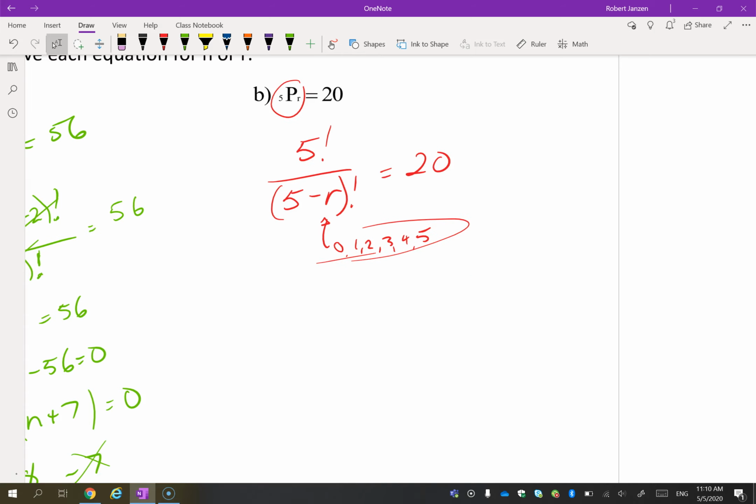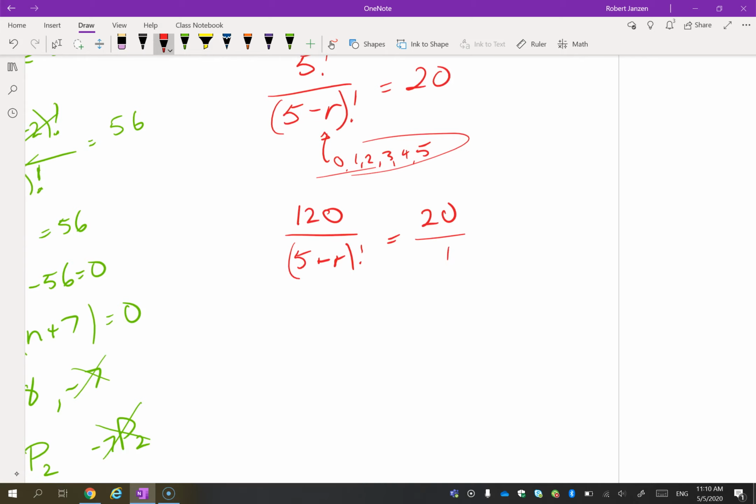Okay, so let's simplify this a bit. 5 factorial is 120. And if I cross multiply, I get this.